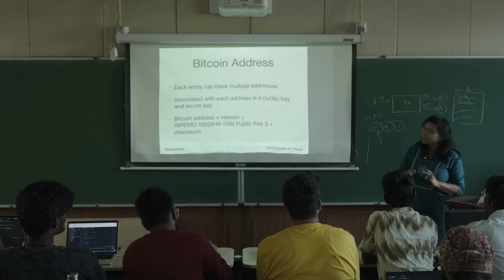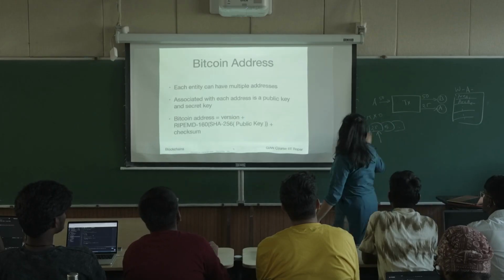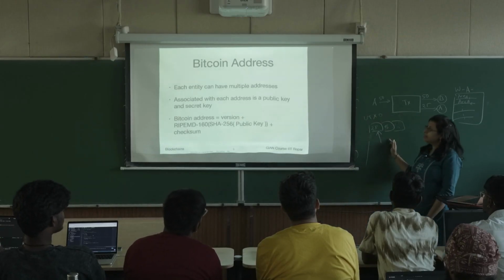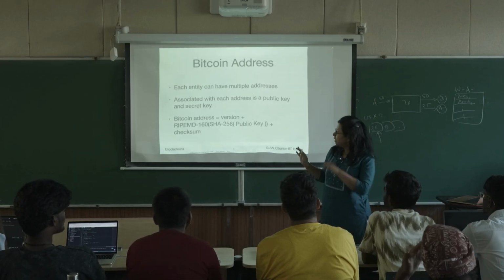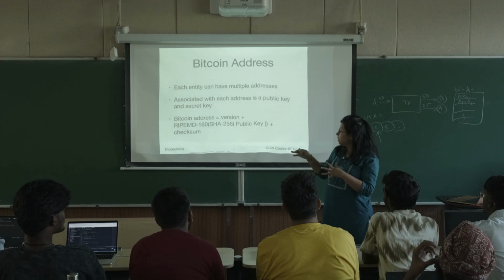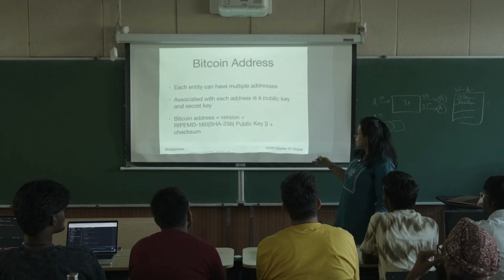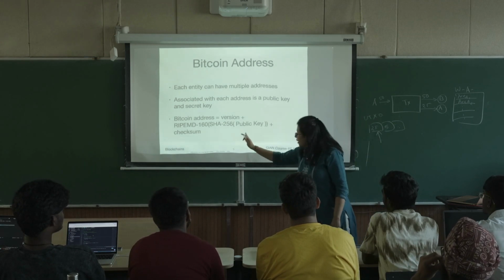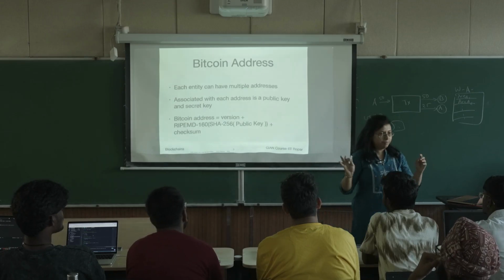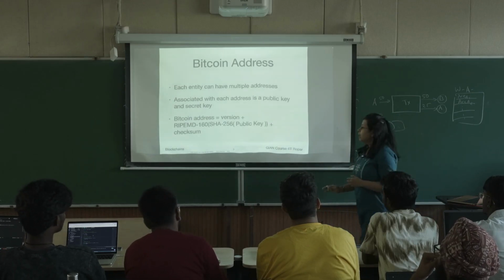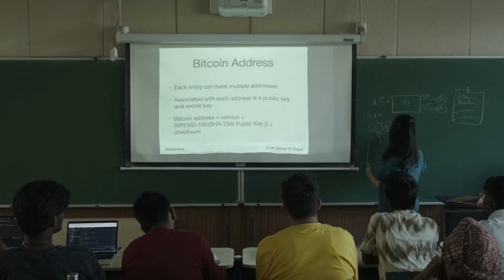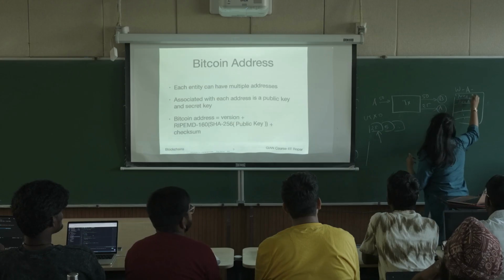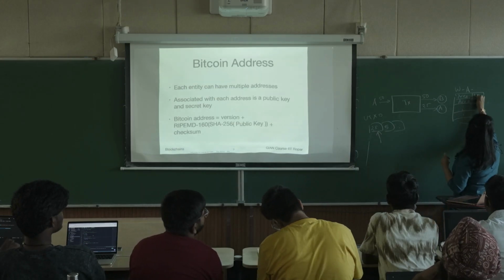Okay. The next thing I wanted to say is that I'm talking about accounts and account addresses. In Bitcoin, for every account you have a public key and a secret key. This we have talked about before. With every account you have an address. So wallets, accounts, and this is the address of the account.